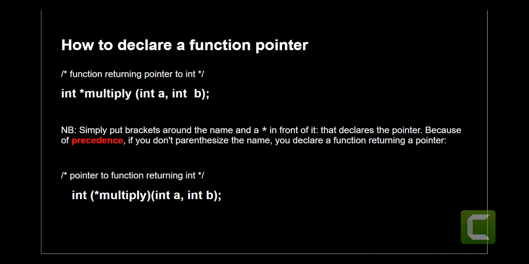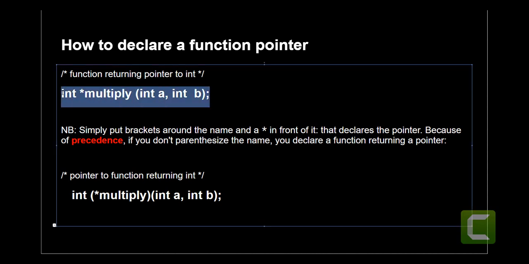So the next thing is, how do we declare a function pointer? I want us to look at something. We had looked at how to declare a function, and we've said that we use the asterisk in front of the name of the function in order for us to create a function pointer.